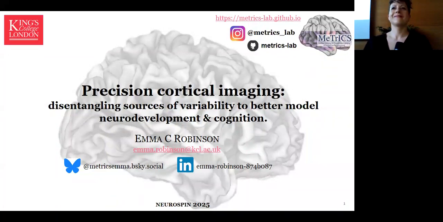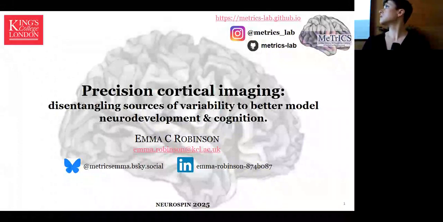So Emma is a lecturer at King's College London, and she focuses on the development of computational methods for brain imaging and neuroscience, and now also increasingly AI methods.